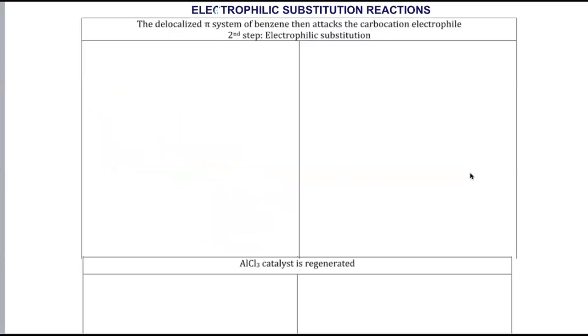So we have a benzene ring, and then we have your electrophile. The usual happens. A pair of electrons from the delocalized system, or the pi system, is donated to your electrophile.